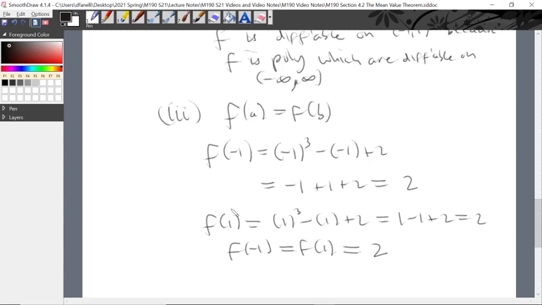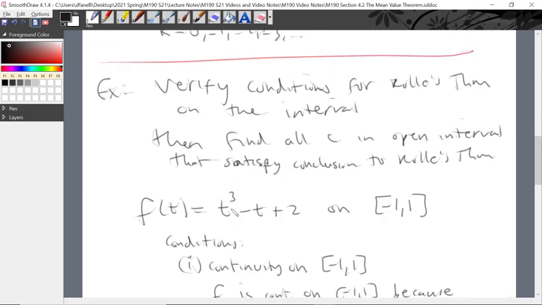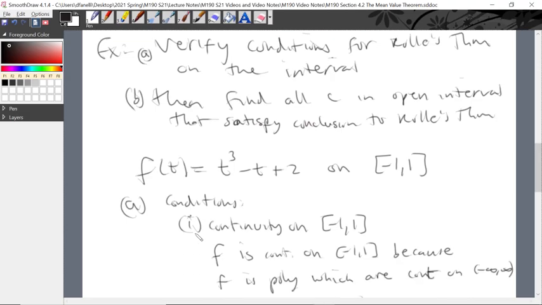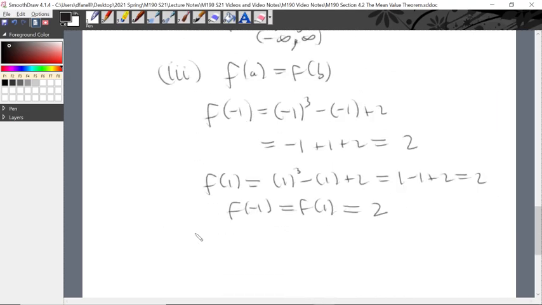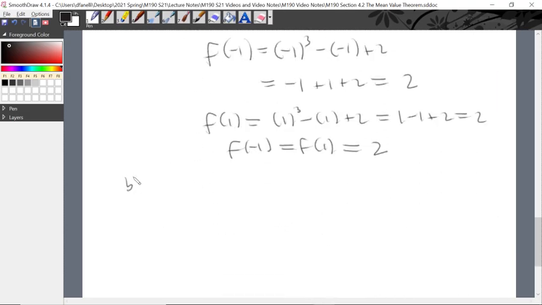So now let's find the values of c in the open interval that satisfy the conclusion of Rolle's theorem. We were verifying conditions, and then finding all the c. So we had conditions, let's say that was part A. Let's find the values of c. So f of t is t cubed minus t plus 2.